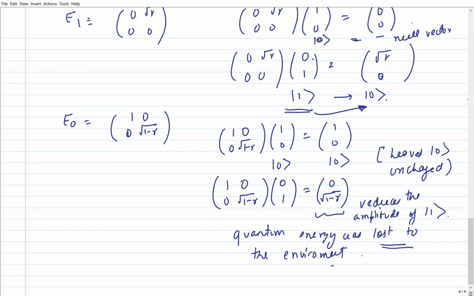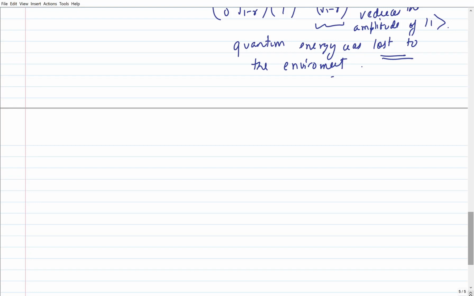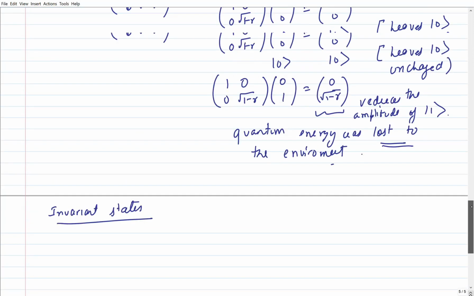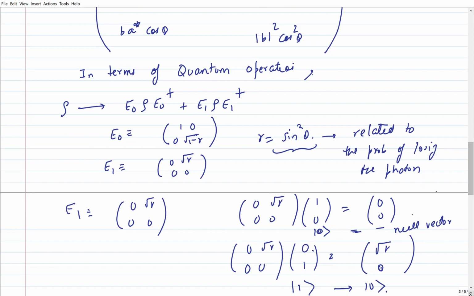That was what was happening. So to picturize what is happening on the Bloch sphere, it's kind of nice to see what are the invariant states. What does the quantum operation do? What states of the system will it leave invariant on the Bloch sphere?